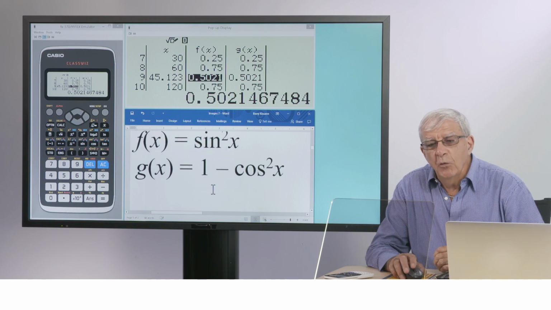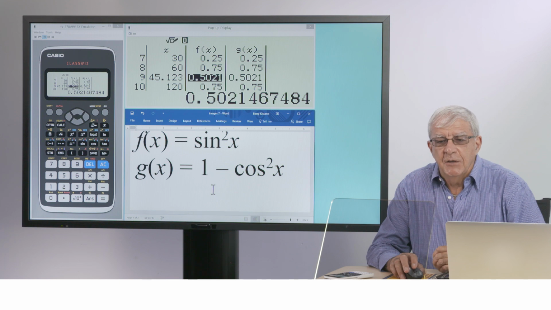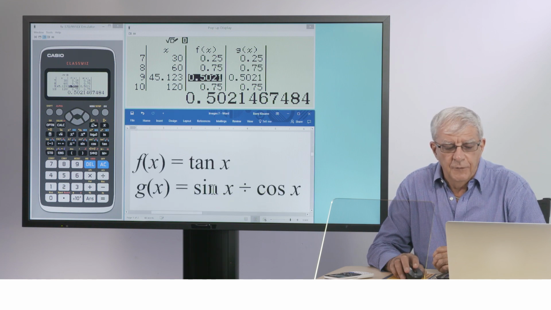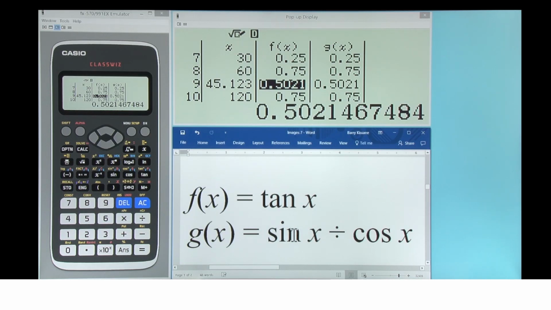You can think of some well-known trigonometric relationships as identities too. For example, consider the relationship tan x is equal to sine x over cos x. We can use a table to evaluate both of these functions.